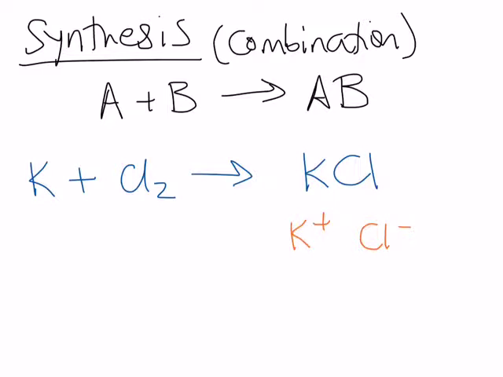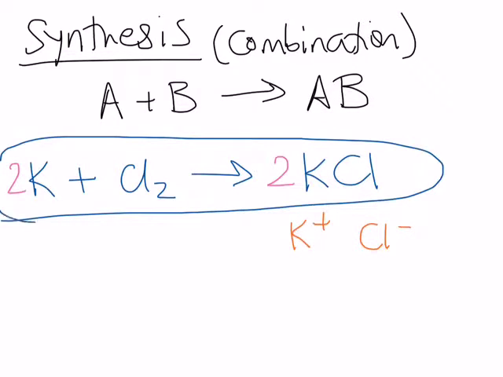Now, this is an unbalanced synthesis reaction. We would need to put a coefficient in front of there to balance the Cl's, and then in return over there to balance the potassiums. This is our final balanced synthesis reaction.